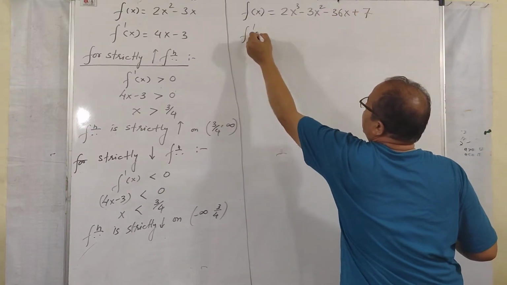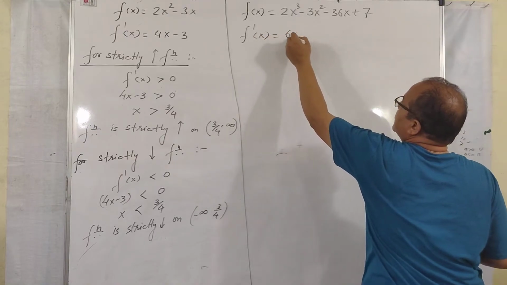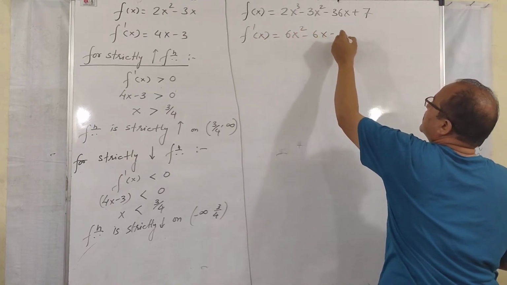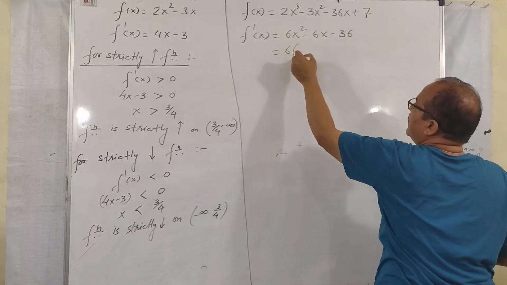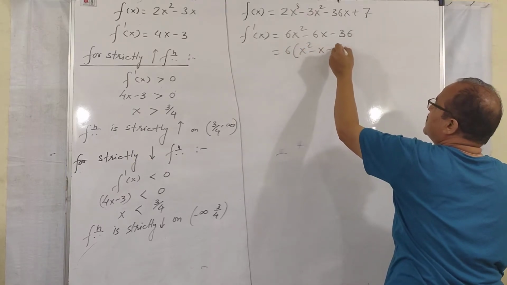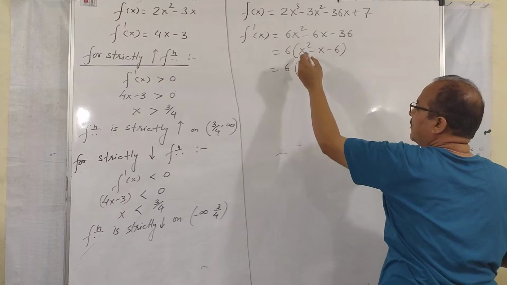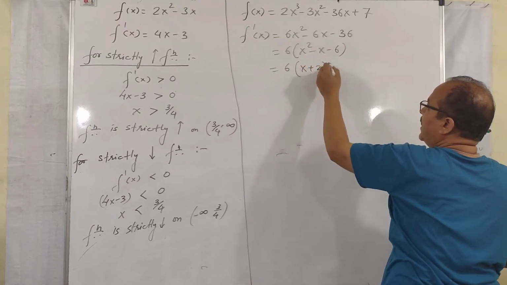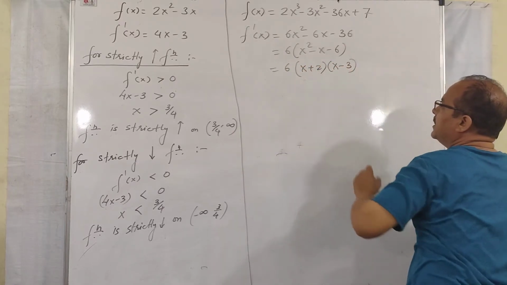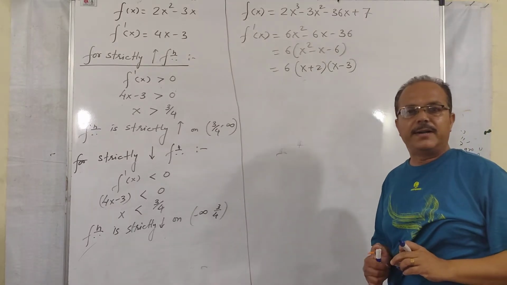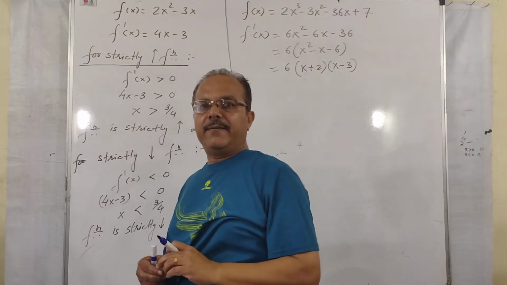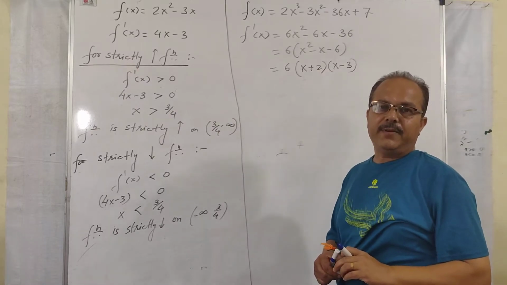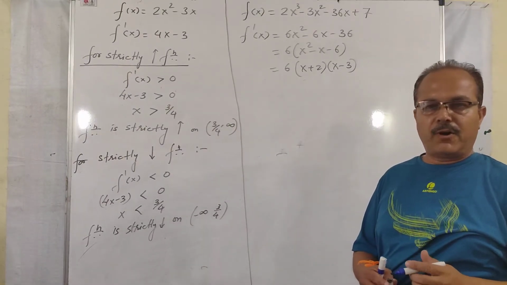So let us find out the f dash x first of all. It is 6x square minus 6x minus 36, or we can say that it will be x square minus x minus 6, or you can say that x plus 2 and x minus 3. So these are the factors. Now how will we decide at what points the derivative of f(x) will be positive and at what points negative?